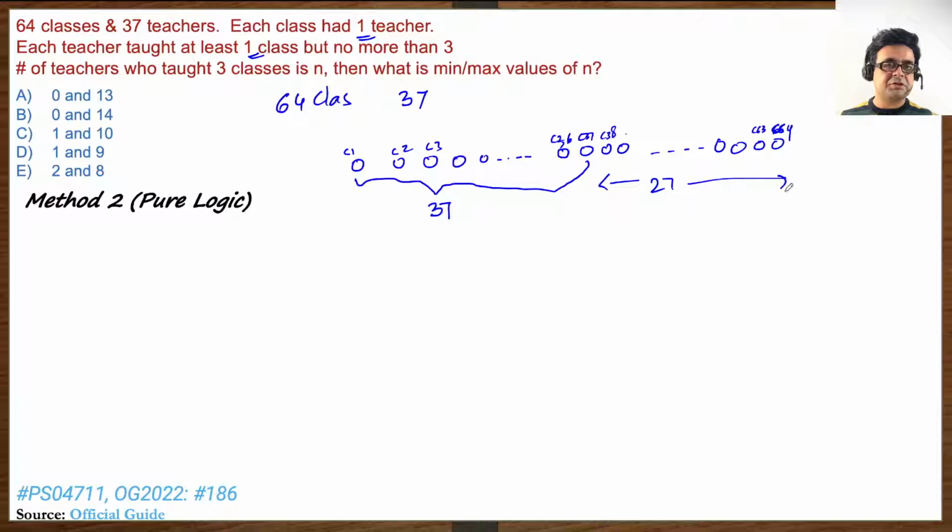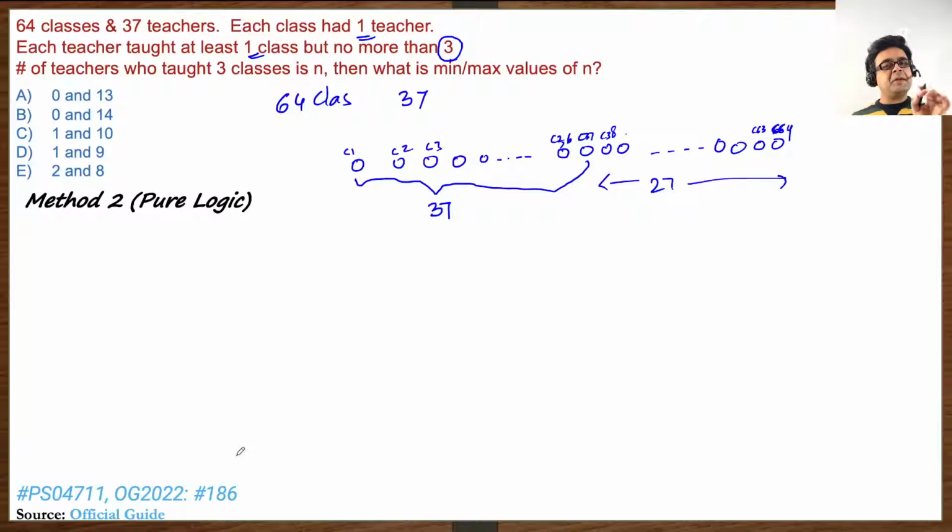The first 37 classes. How many remaining classes are left? 27, which is just 64 minus 37, right? Any new class I start filling, then the teacher would be teaching 2 classes at that point. It doesn't matter which teacher it is, he will be teaching 2 classes at this point, right? However, I am worried about the number of teachers that teach 3 classes, and the maximum and minimum of it. So let's start with how to find the minimum.